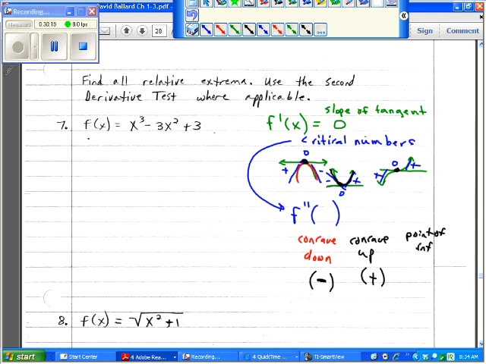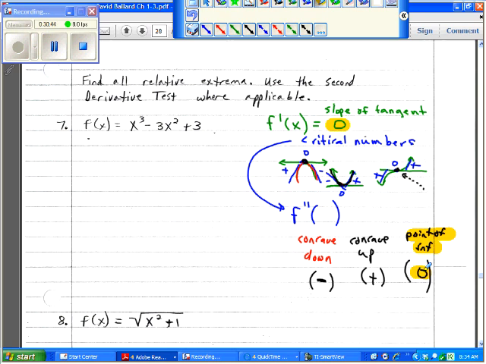So what would actually be happening in the second derivative at that very point? It would be zero, you see. At that one point, what's true? The first derivative and the second derivative at a point of inflection are both zero.